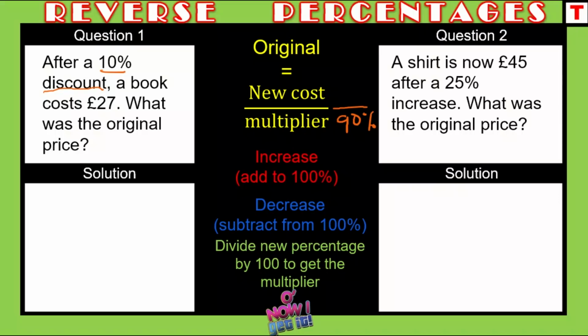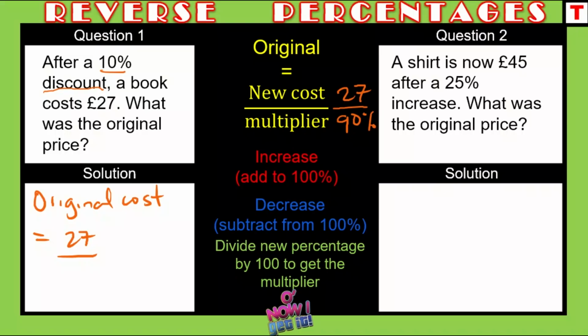So the new cost, it says that a book would now cost £27. So the 27 is going to be at the top there. So for my solution, I am going to have the original cost would be equal to the £27 divided by the multiplier, which is now going to be 90% converted to a decimal.